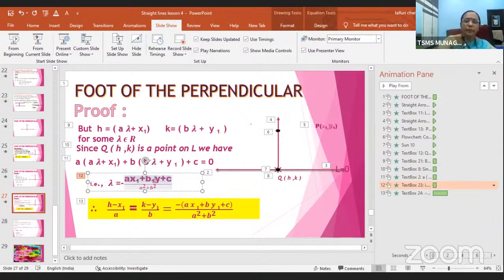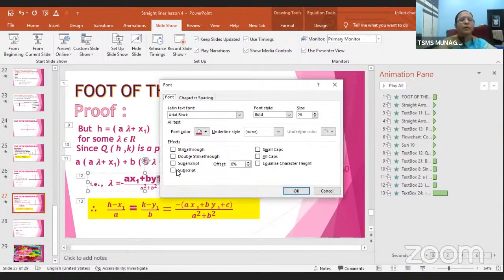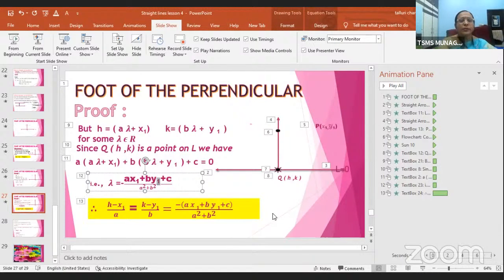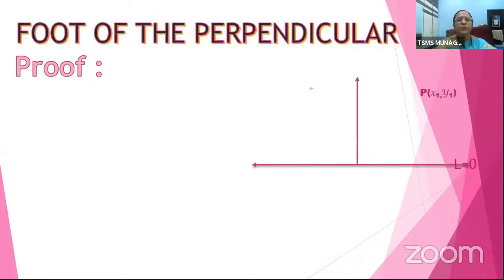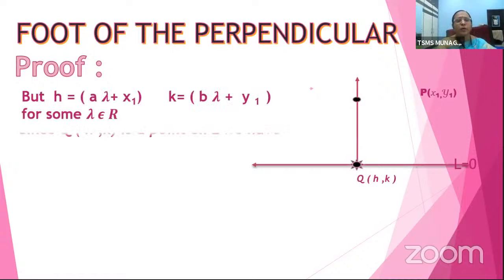And here also it is by1. Okay, so that's how we get the formula (h − x1)/a = (k − y1)/b = −(ax1 + by1 + c)/(a² + b²). Okay, so that's how we get the formula.